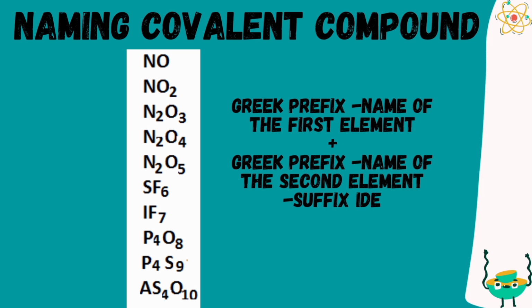Now let's try to answer this. You have to identify the name of the following covalent compounds. Take note that if the first element has no subscript or has an atom of 1, you don't have to put mono. Again, for the first element, you don't have to put mono. Make sure to pause on this part.